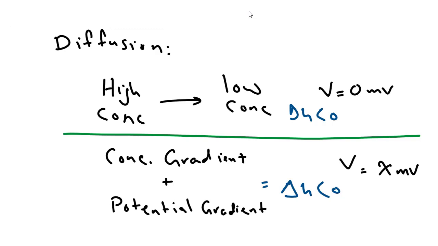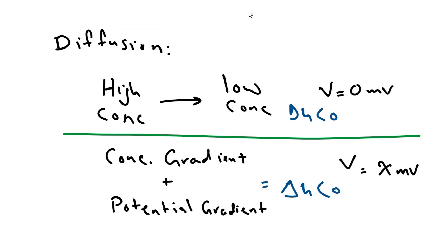In both cases, the delta G is less than zero. So the real definition of diffusion is the movement of molecules or ions from one place to another, where that process is going to happen spontaneously, meaning that it has a delta G less than zero.